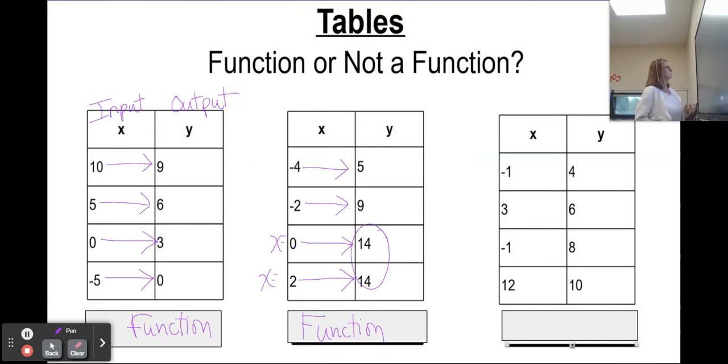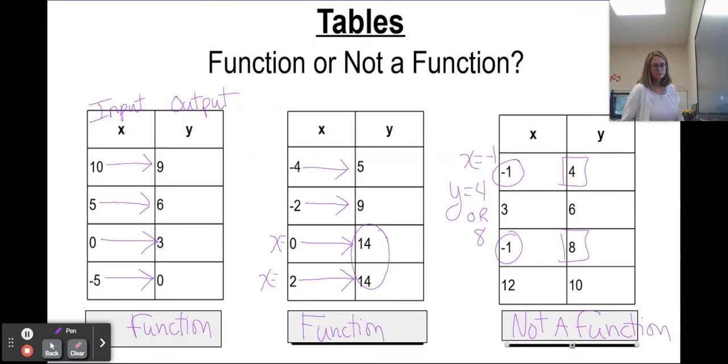And our last example, when x is -1. When x is -1, we have two possible outputs, 4 and 8. So y can be equal to 4 or 8. That makes it not a function. That's the scenario that makes it not a function.